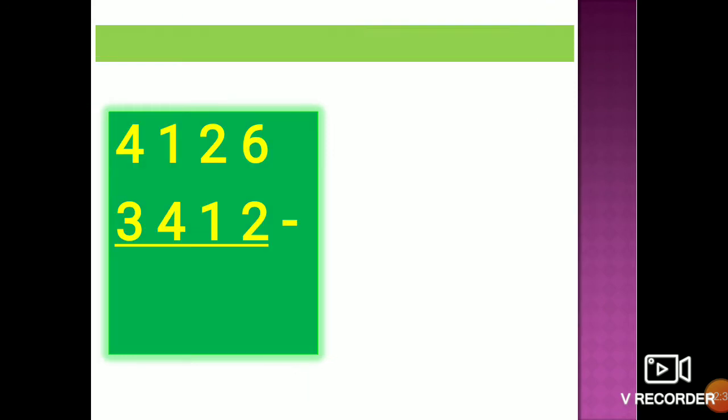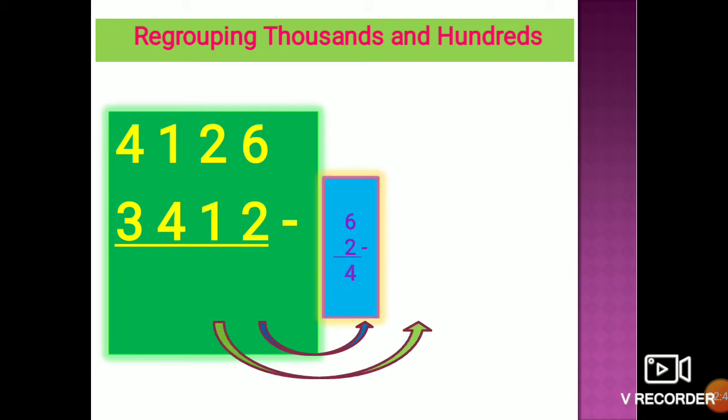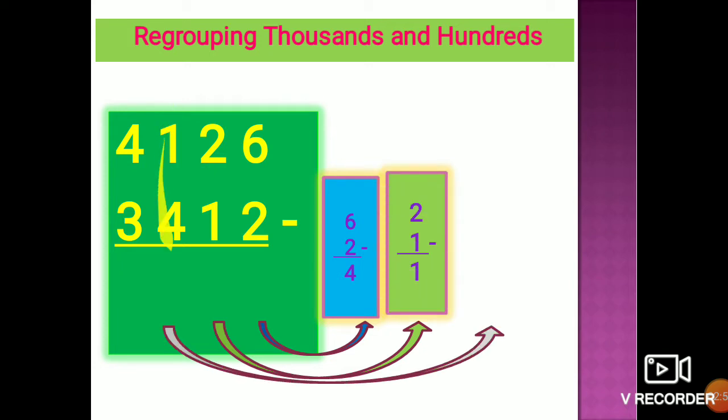Okay, next. We regroup thousands and hundreds again. First, we work from the ones. 6 minus 2. Great, it's 4. 2 minus 1 equals 1. Now, 1 minus 4, is that possible? No, so we should borrow from 4. So 1 becomes 11. 11 minus 4 equals 7.